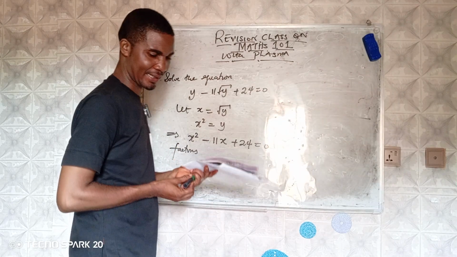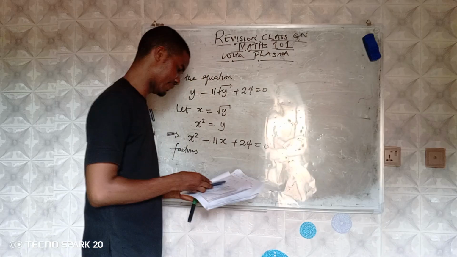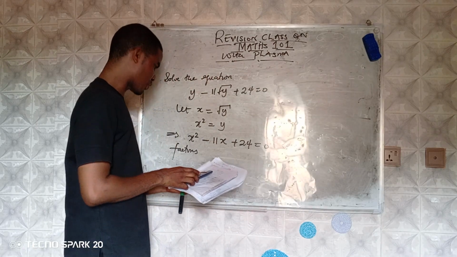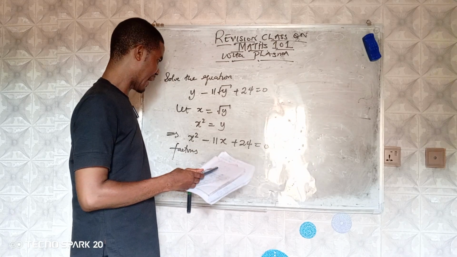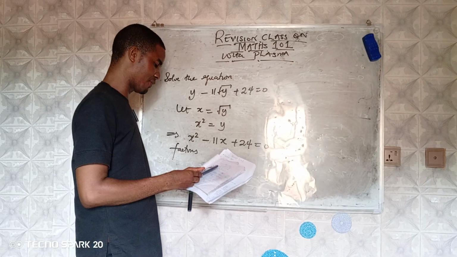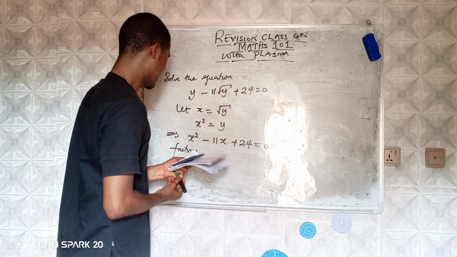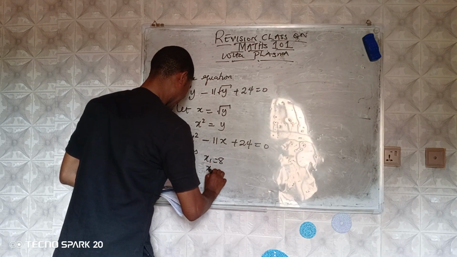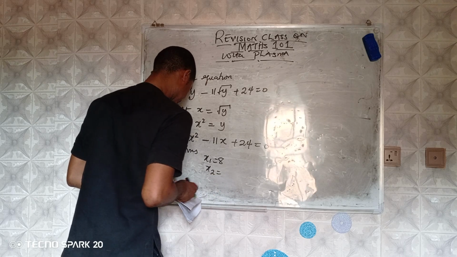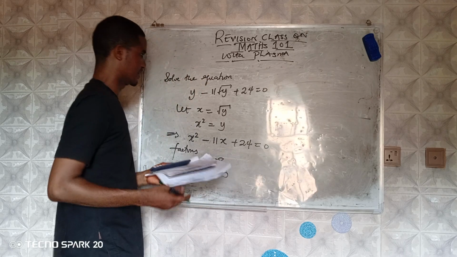I'm going to use my calculator to factorize. So I have my a to be 1, my b to be minus 11, my c to be 24. And I have my x1 to be 8 and my x2 to be 3.